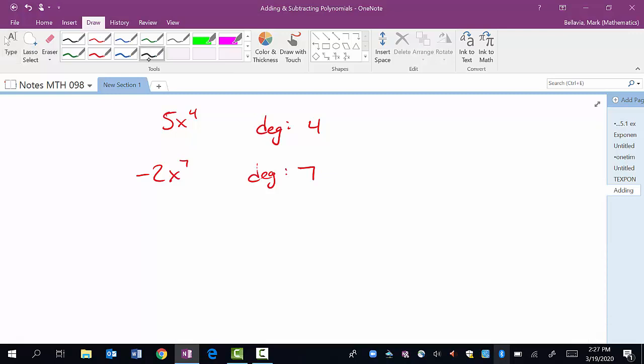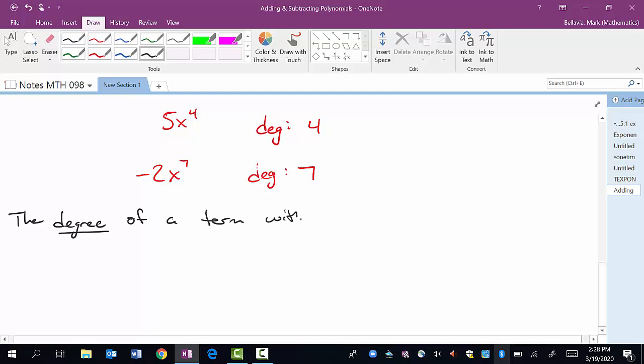Now something that's similar but a little different, if I talk about the degree of a term with more than one variable, it's still a term, but with more than one variable this time.